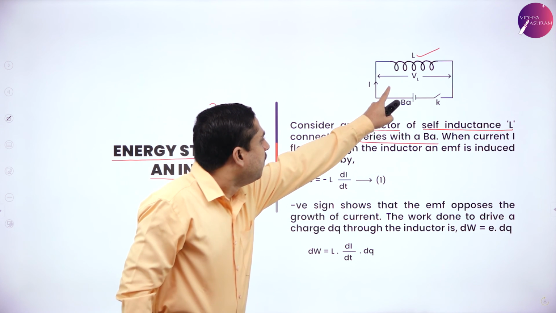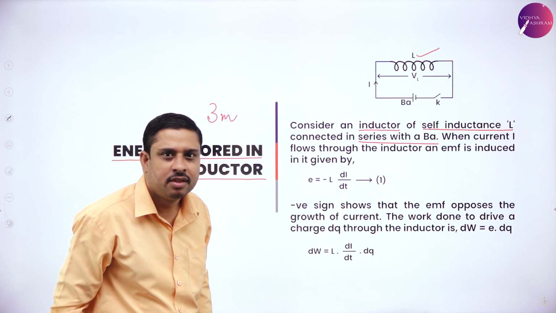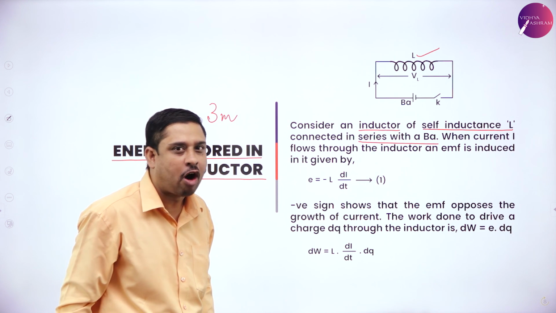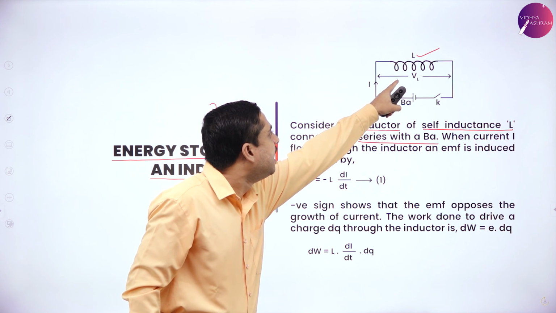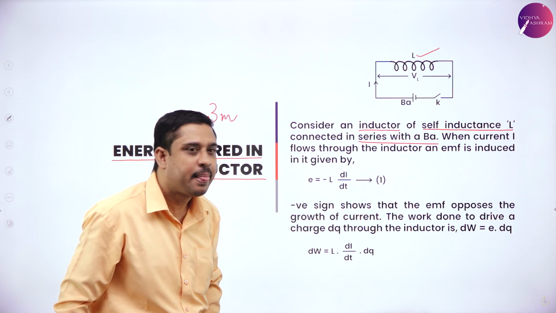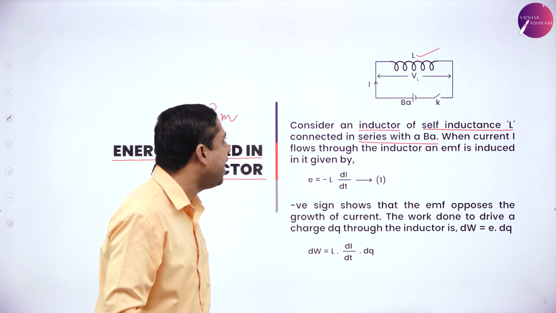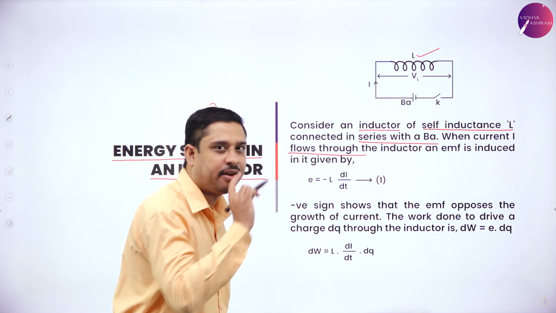Now, when I switch on the battery, what is the consequence? Some potential is applied across the inductor, because of which current flows through the inductor.